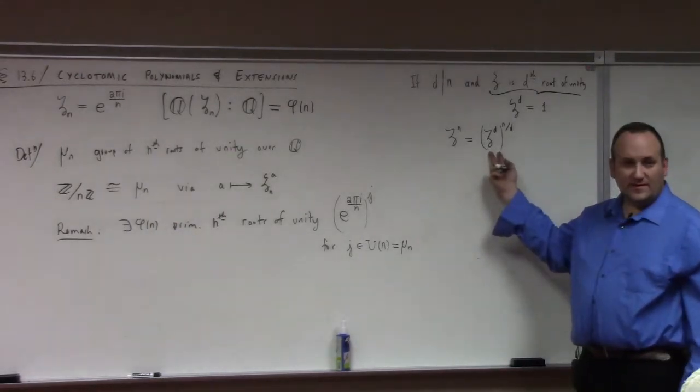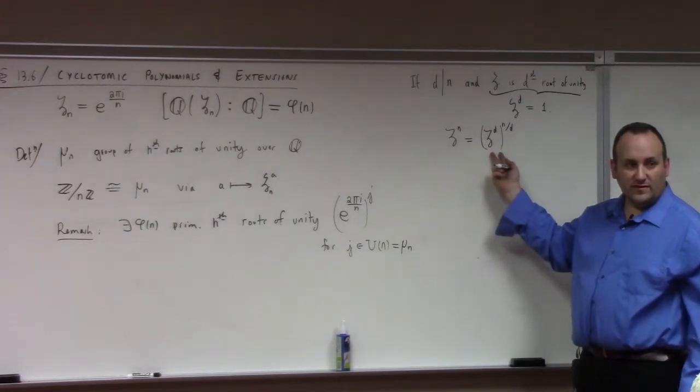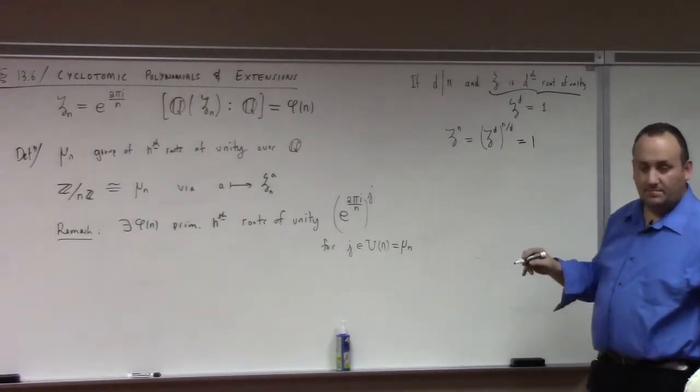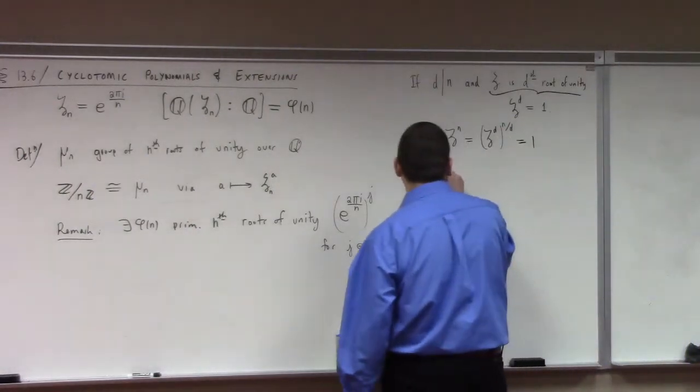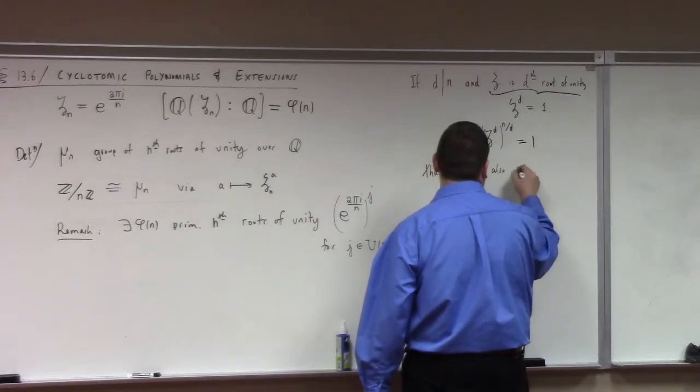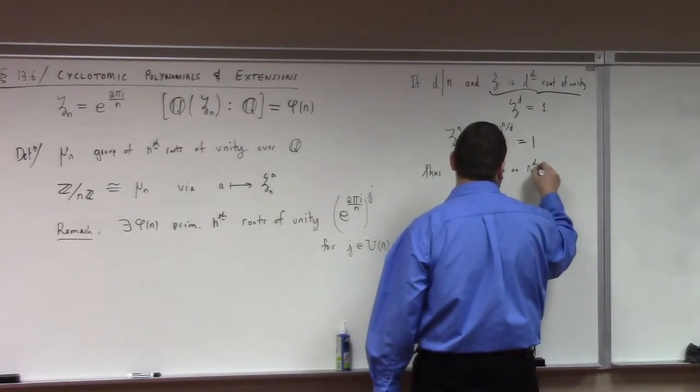Zeta to the d is, by assumption, 1. So 1 to the whatever is still 1, which says zeta is also an nth root of unity.